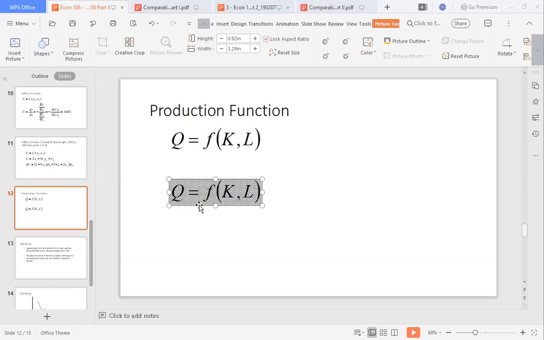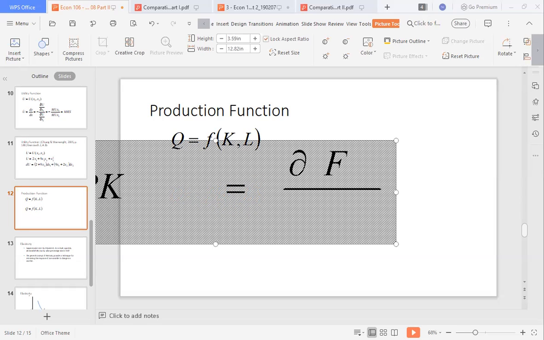For the MPK po, that's partial Q over partial K po. Okay. Since we're getting total differential, I'll just change slightly. So that's partial F and partial. Go ahead. Partial F po ba, ma'am?